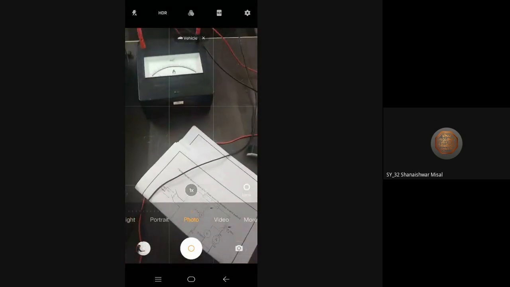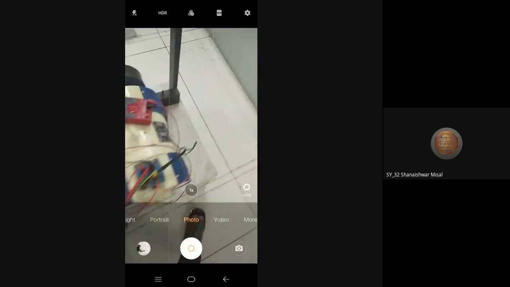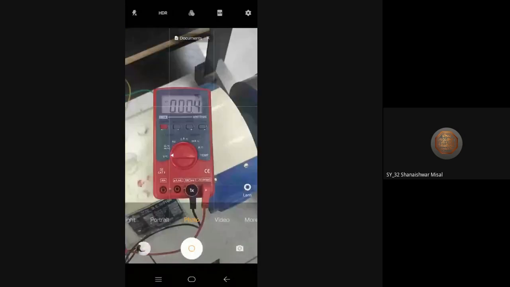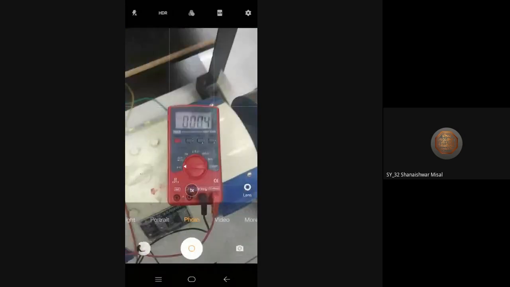Now the simple thing, we have to see the voltage. Here you can see there is no voltage across the armature. Now I will change the resistance, so I will vary the rheostat here.